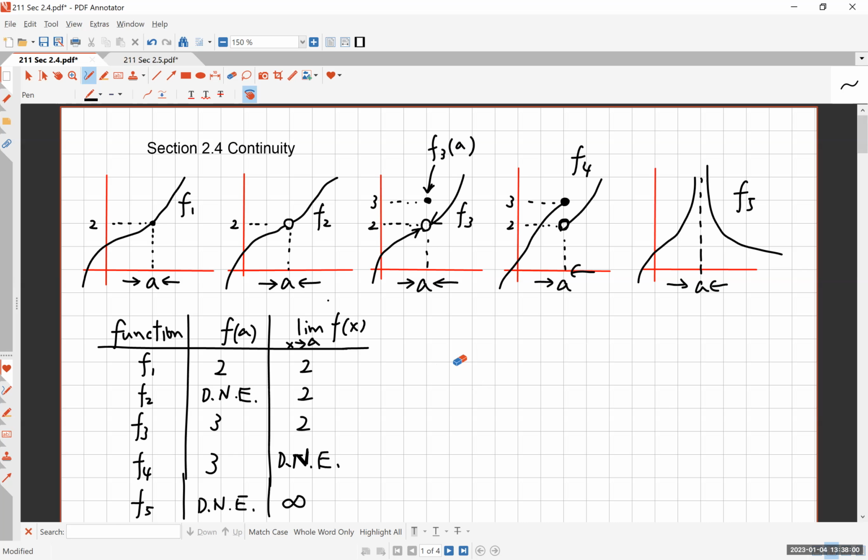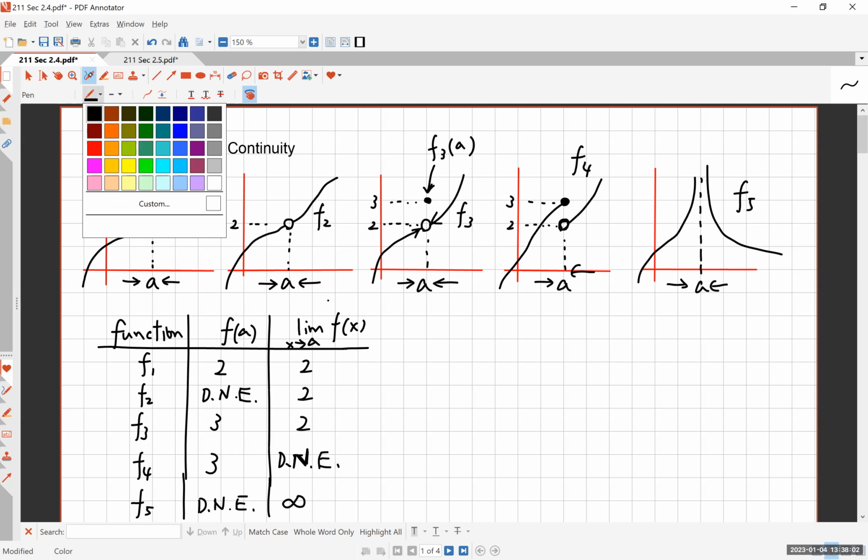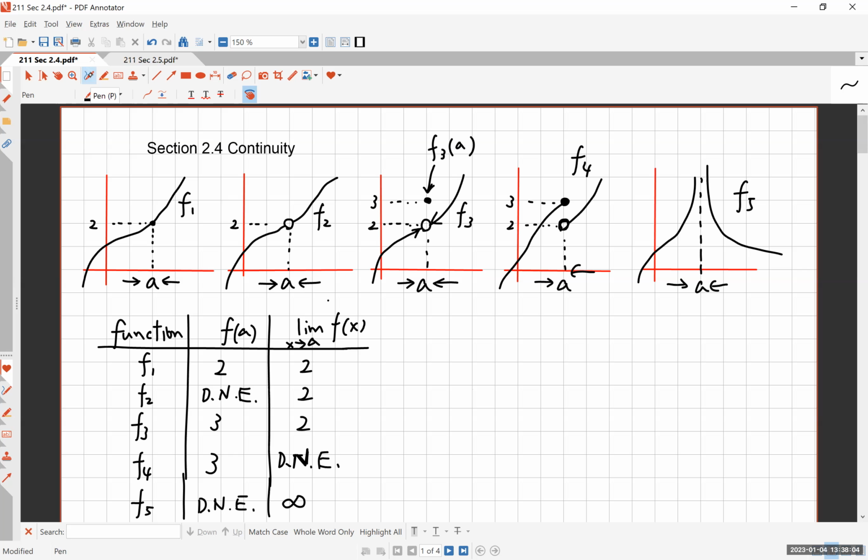And that's a good description, not very mathematical, but a good description. So if you look at f2, it has a hole, f3 has a hole and a point away, f4 has a gap, f5 goes to infinity. So it looks like f1 is the only one that is continuous at this one particular point a, right?